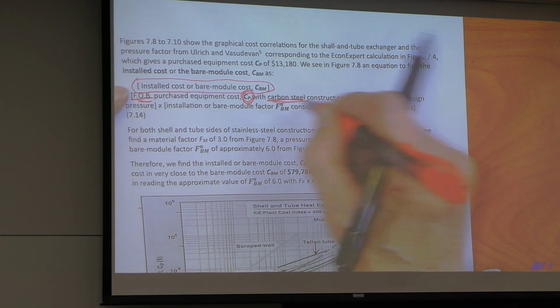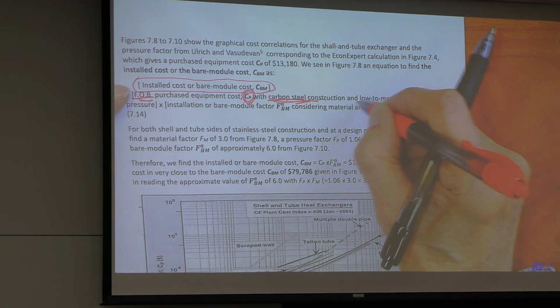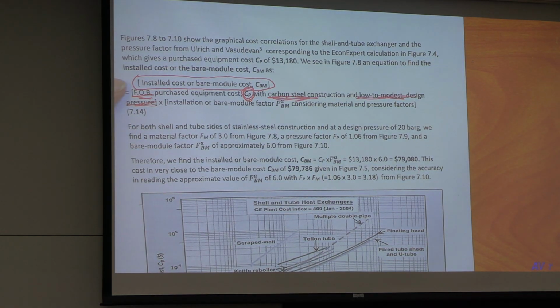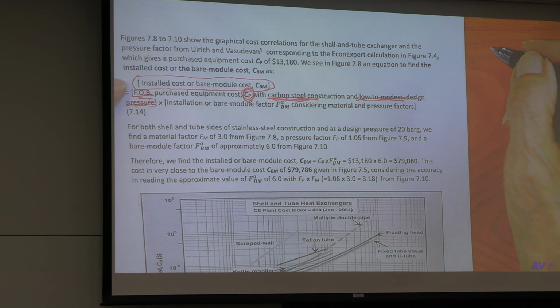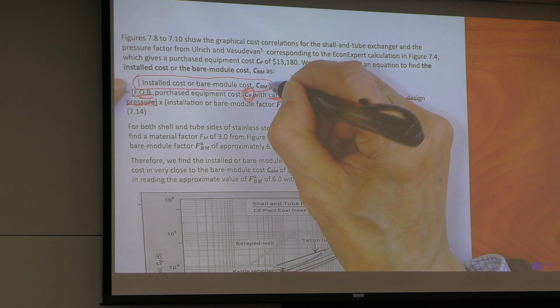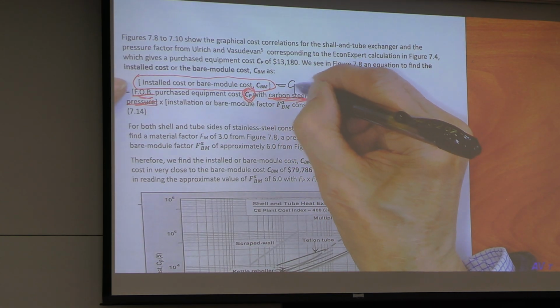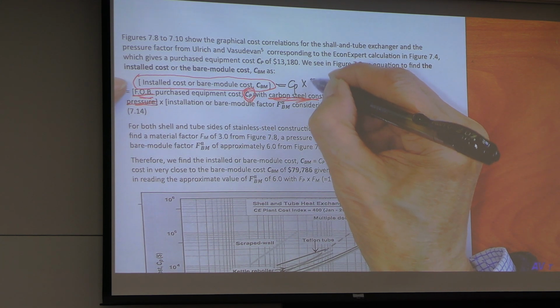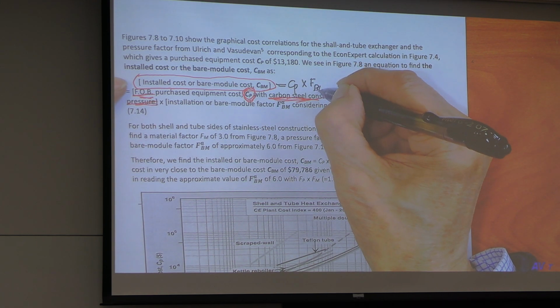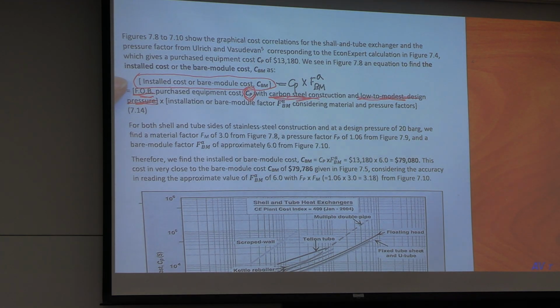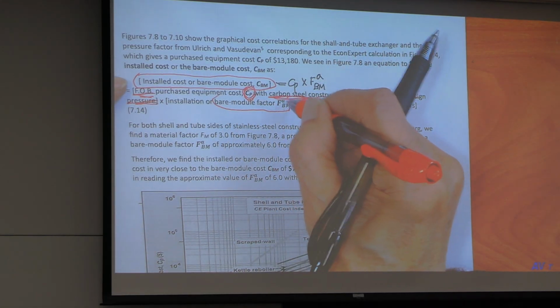Typically carbon steel, low to modest design pressure. CBM equals CP times F bare module cost A. This is called the bare module factor.